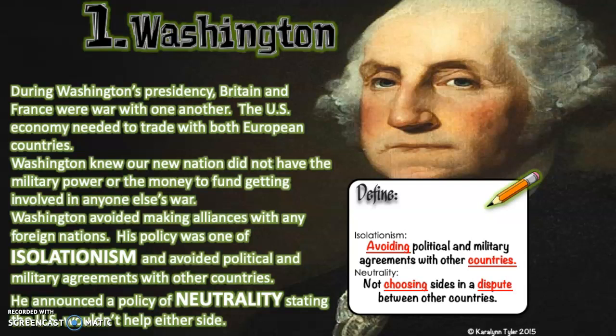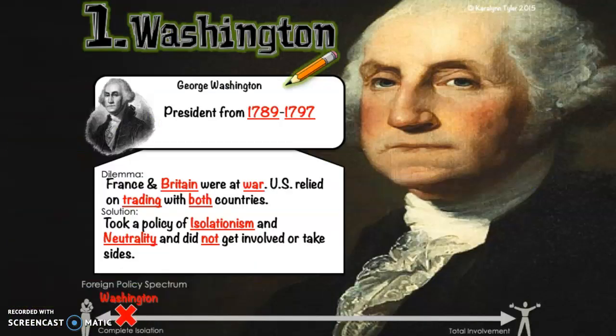And of course, the goal is to not take sides or to stay neutral. Washington was president from 1789 until 1797. And during that time, while Great Britain and France were at war, his dilemma was how to maintain trading with both countries. So he did take on that policy of isolationism and neutrality so that he could maintain a healthy relationship with both countries and try not to get involved or take sides.